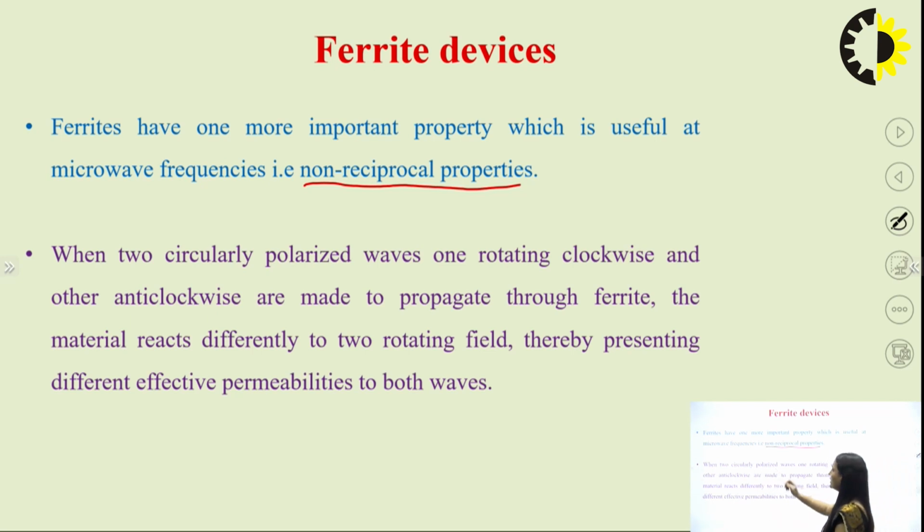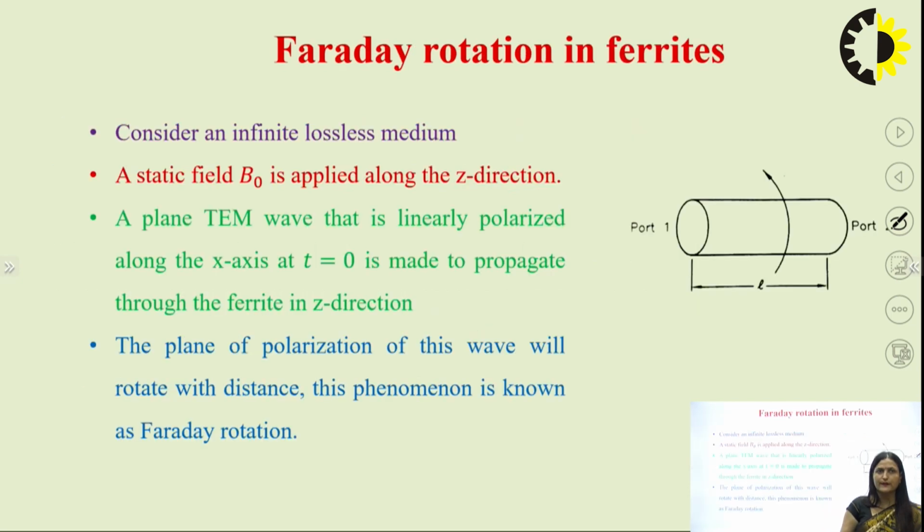When two circularly polarized waves, one rotating clockwise and another anti-clockwise, are made to propagate through ferrite material, it will react differently to the two rotating fields, thereby presenting different effective permeability to both the waves. It means if the same circularly polarized wave, rotating in clockwise and anti-clockwise directions, propagates through the material, the material will behave differently for both the rotating fields.